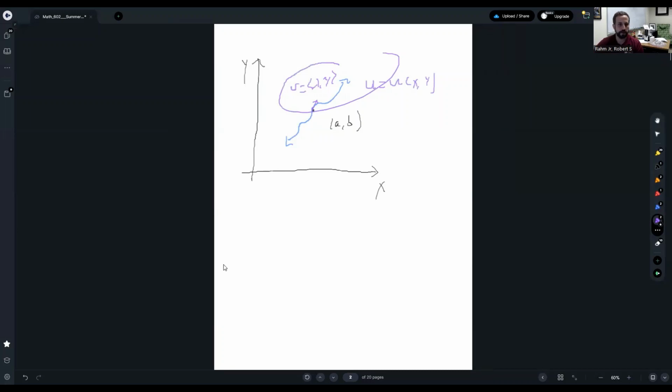So the directional derivative, we get a different color here. The directional derivative of u in the direction of lambda gamma.